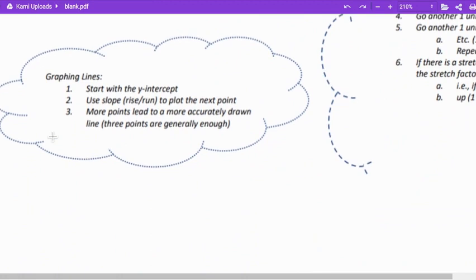Graphing lines takes us back all the way to grade 9. So let's look at the steps. If we're graphing a line, it is helpful to have the equation in the slope-intercept form. The y-intercept is the b, and the slope is whatever comes before the x.